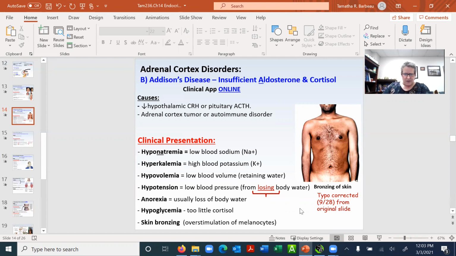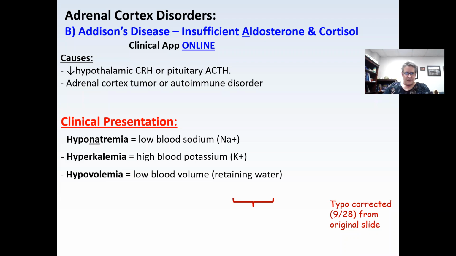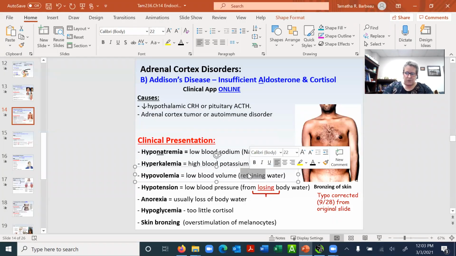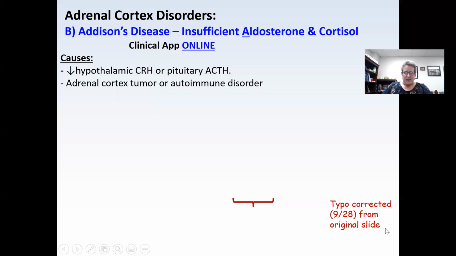I think I fixed it here. Low blood volume. I don't know why it looked wrong to me, but hold on here. Oh, that's what's wrong. Escaping. You're losing body water. Okay, we had to fix that little typo.